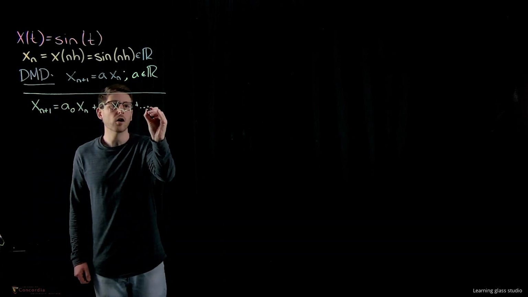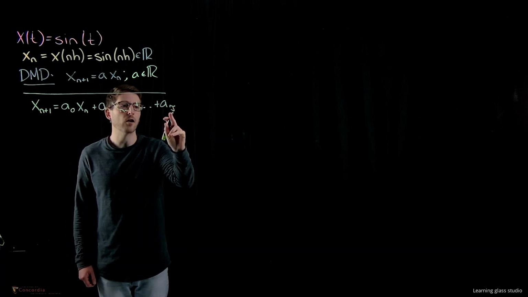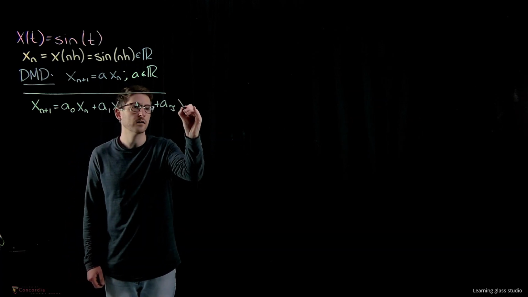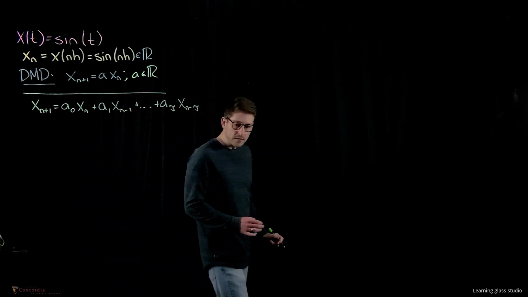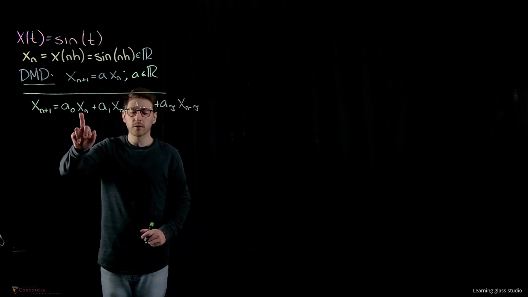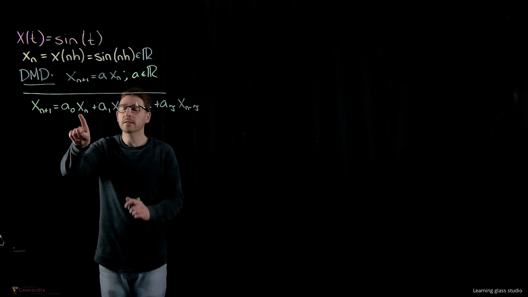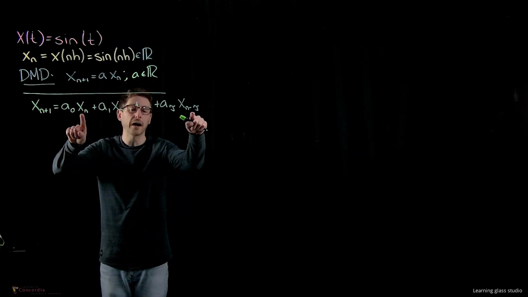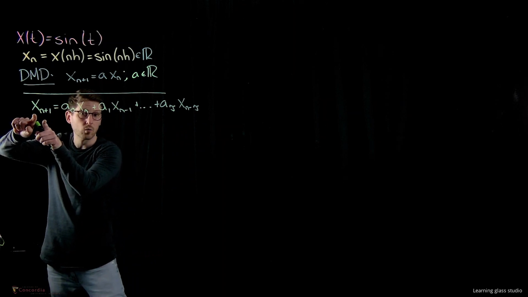And you could go all the way back in time to some finite delay, I'm going to call it tau, xn minus tau. So basically what this is doing is taking not only information from the previous time to go forward, as DMD would have done, but it's saying, give me a little bit of the backwards dynamics so that I can use them all to push myself forward.